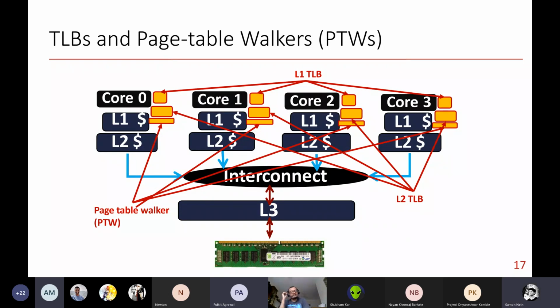Yeah, go on. Before the page table walk, we have the virtual address, right? Yes. And suppose L1D and L2 are physically indexed, physically tagged. Obviously, we won't be able to access it; we have to wait for the page table walk to get over. No, I'm talking about the page table entries. You said that they are also stored in L1 and L2. So using the virtual address, how will we access those?